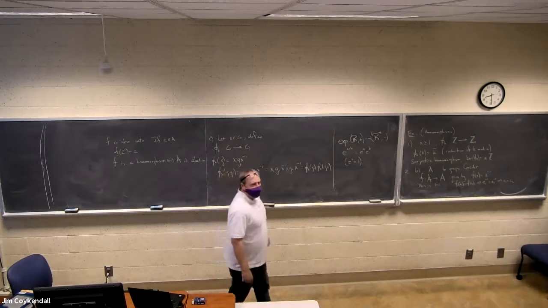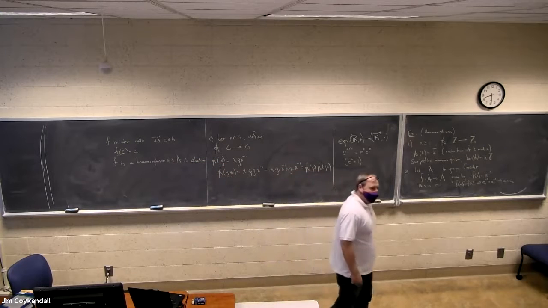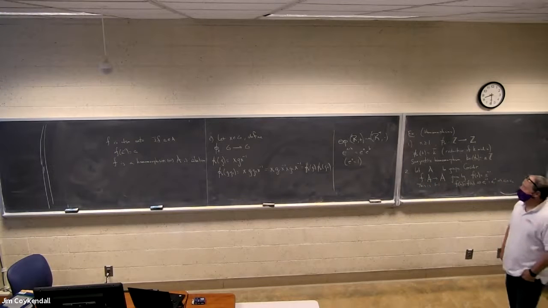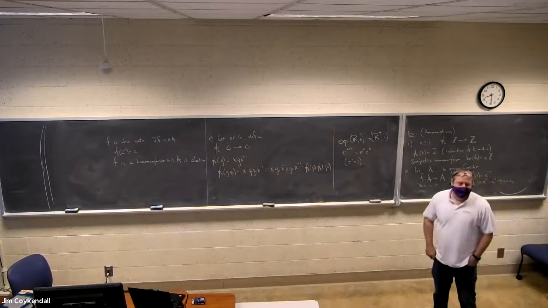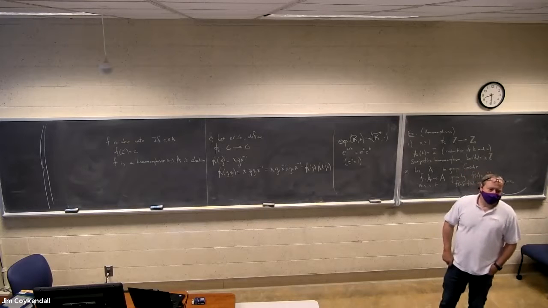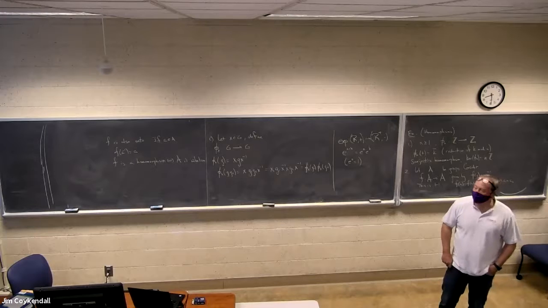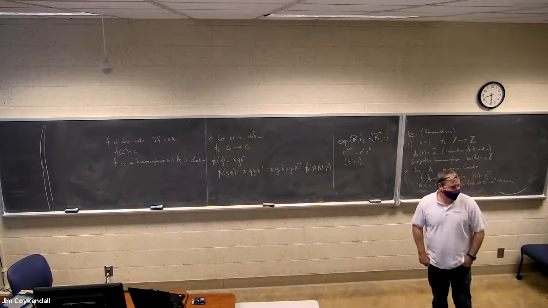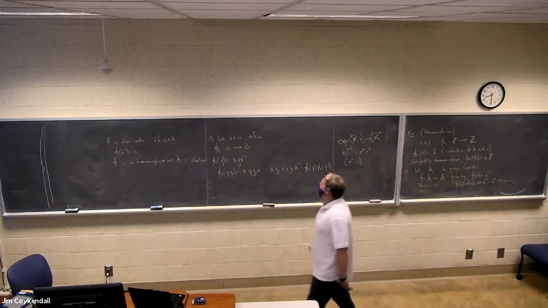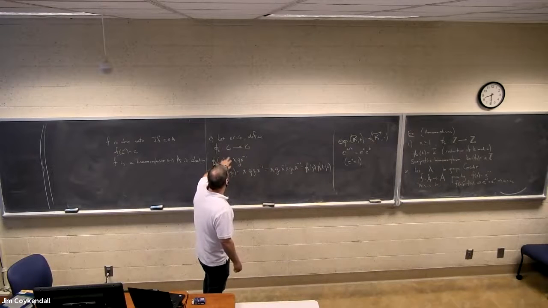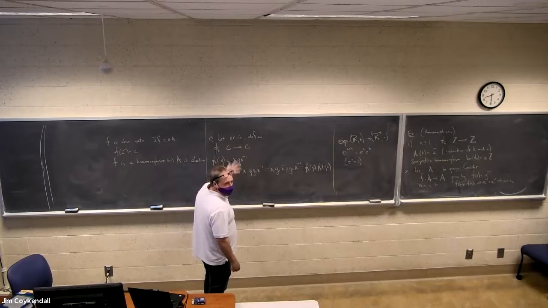But in fact, you can check this one's also one-to-one and onto. Can somebody explain to me why this is kind of boring if G is an abelian group? Yeah, sure. That's right. Because if G is an abelian group, then the XG can be turned around, and this is just phi of G equals G for all G. So it's just nothing. Right?